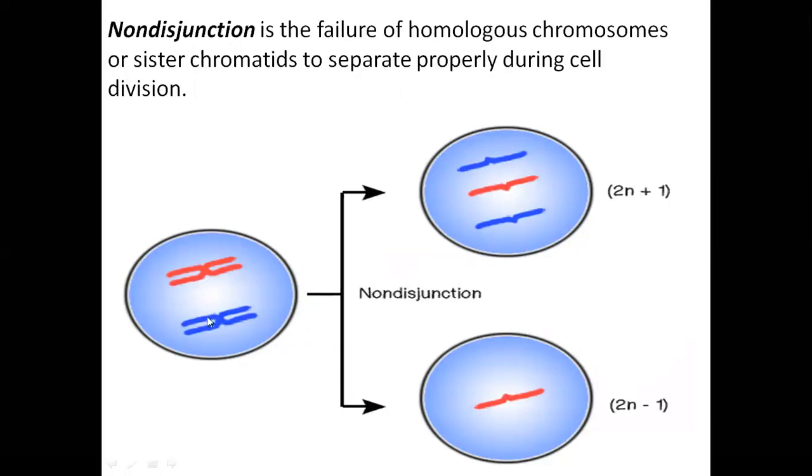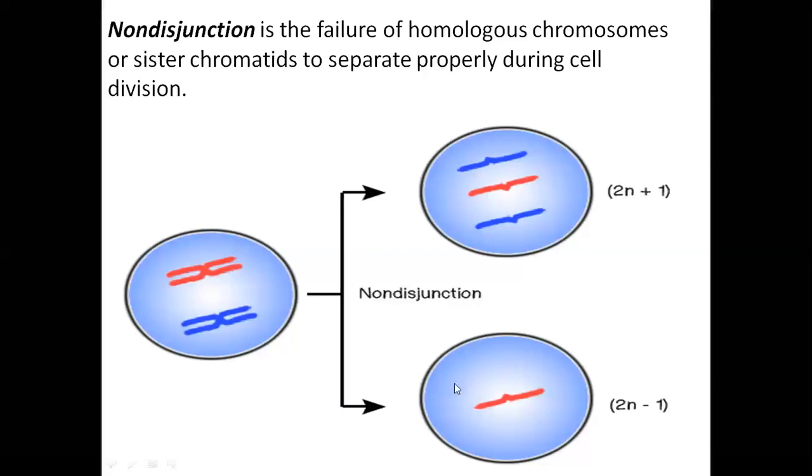Here we have a pair of homologous chromosomes represented in red and blue. When there is non-disjunction, the cells are supposed to get two chromosomes, but here you see a 2n plus 1 and a 2n minus 1, because the red chromosome has separated properly, but the blue chromatids remained together and failed to separate.